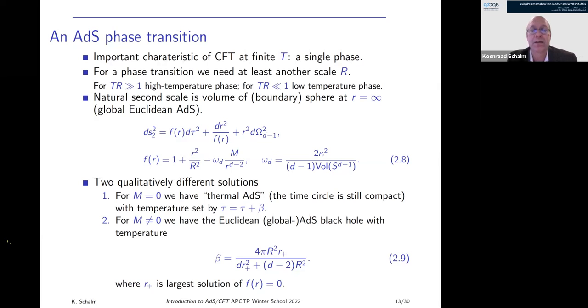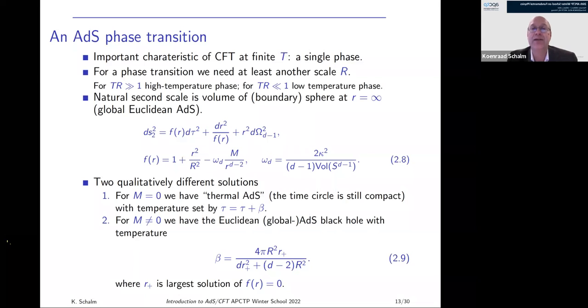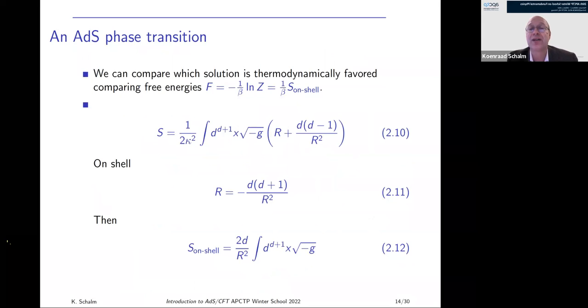So we have two qualitatively different solutions, and if you study the system at finite temperature, there's only one real solution. In thermodynamics, the real solution is the one that's thermodynamically favored, which has the lowest free energy.